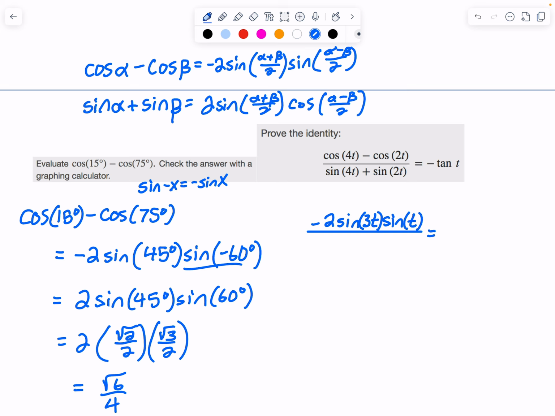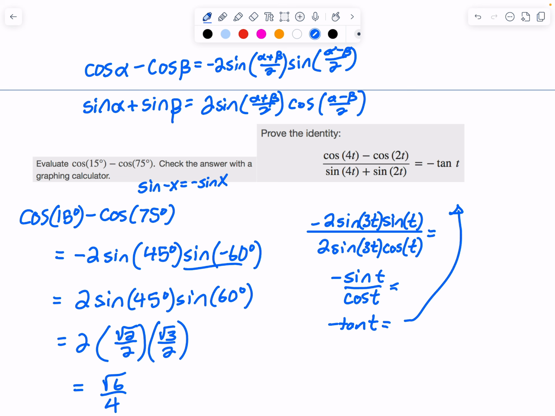All right, and then the bottom is going to be a 2 sine, and then that says to add them, so that's 6t over 2, which is a 3t. And then on the bottom is going to be a cosine of, subtract them, 4t minus 2t is 2t, divided by 2 is a t. So you notice I get negative sine t over cosine t, everything else cancels, and that is a negative tan t, which is what we're trying to prove.